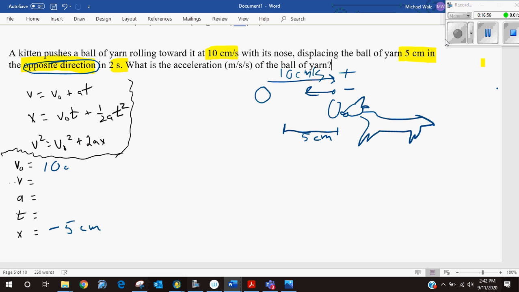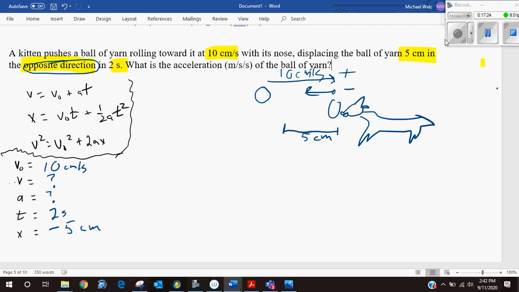So initial velocity is 10 centimeters per second. Final velocity, we don't know, but I'd like to know. Acceleration is what we're looking for. And the time is 2 seconds. And then our displacement is negative 5. So, yeah, we're going to have to do 2 formulas for this one again, it looks like.